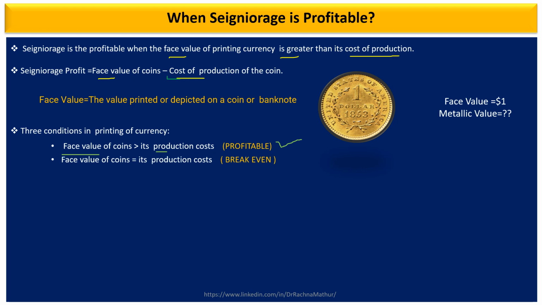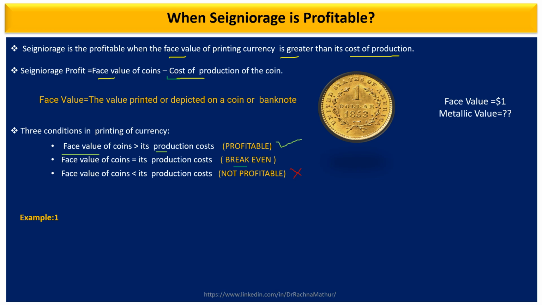If the face value of a coin is equal to its cost of production, it is neither profit nor loss, a break-even point. But if the face value of a coin is less than the production cost, it is not at all profitable to mint the coin or print the currency.